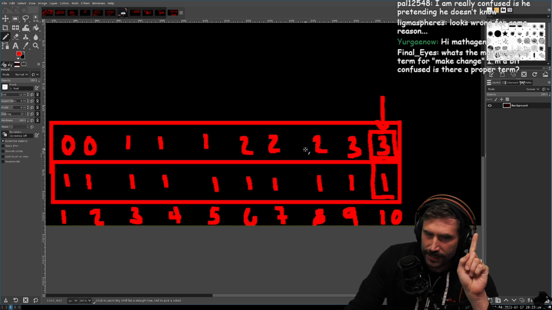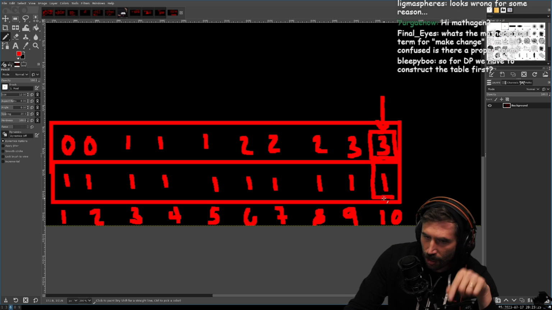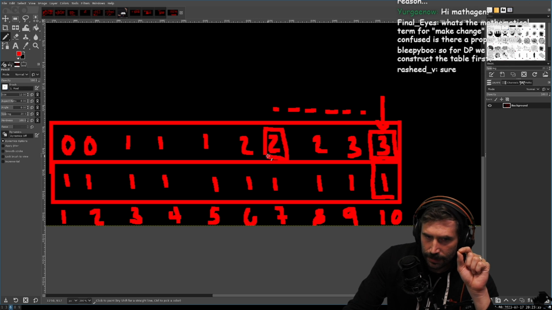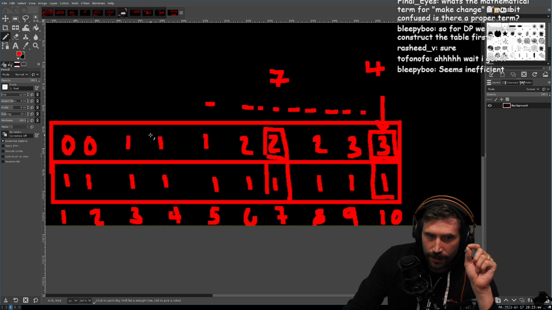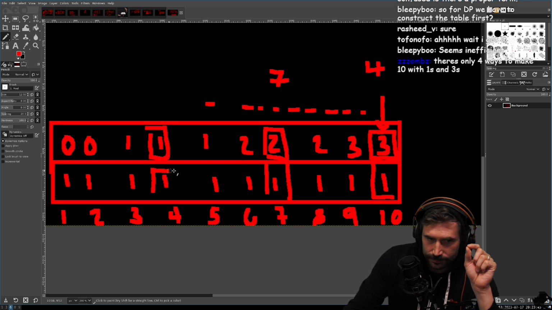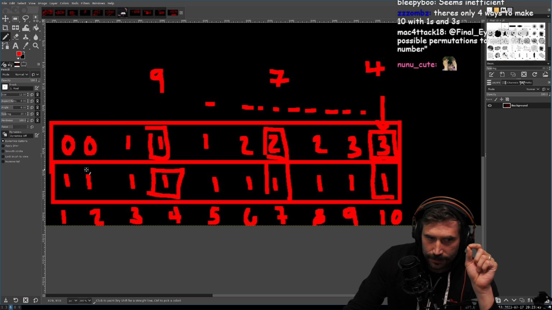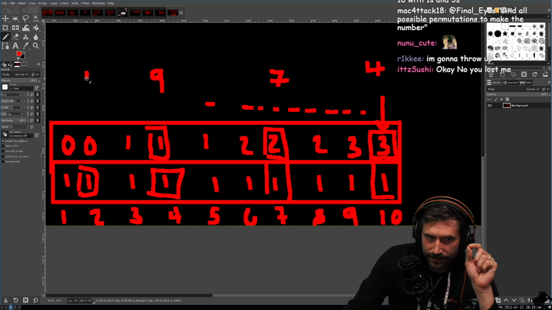I feel like I'm doing something wrong here. 3 plus 1, because it's all the rest of the stuff below it. Subtract by 3, move us this way. 2 plus 1, I don't even know if this is going to work out. So where are we at? We're at 4, 7. Subtract 3 more. 1 plus 1. That would put us at 9. Subtract 1 more, that's 10. Okay, so I think I've done something wrong here.